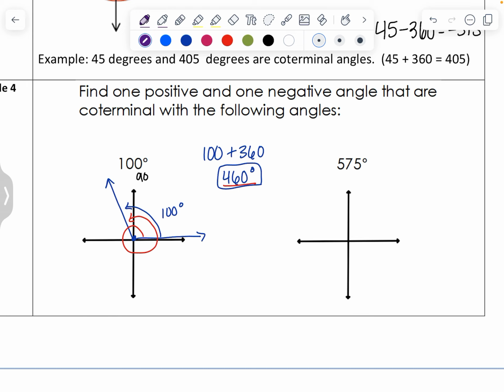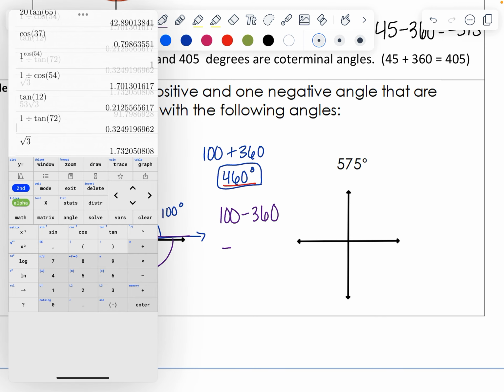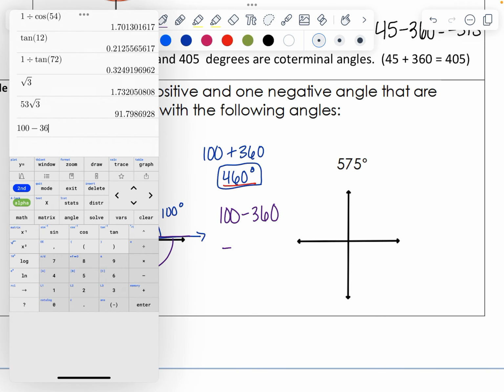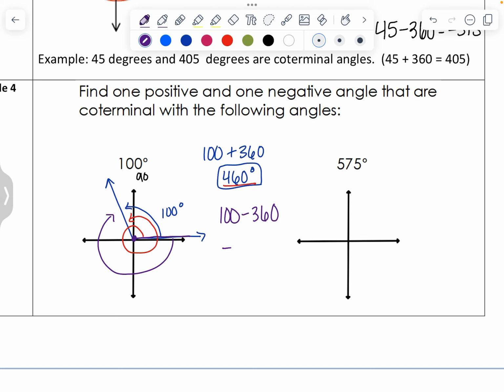And then I can also go in the reverse direction. So if I wanted to find this negative angle, you can think about it like this. Start at the 100 and then minus 360 to get back to where you're at. So 100 minus 360 would be negative 240. I don't want to do that wrong. Negative 260.